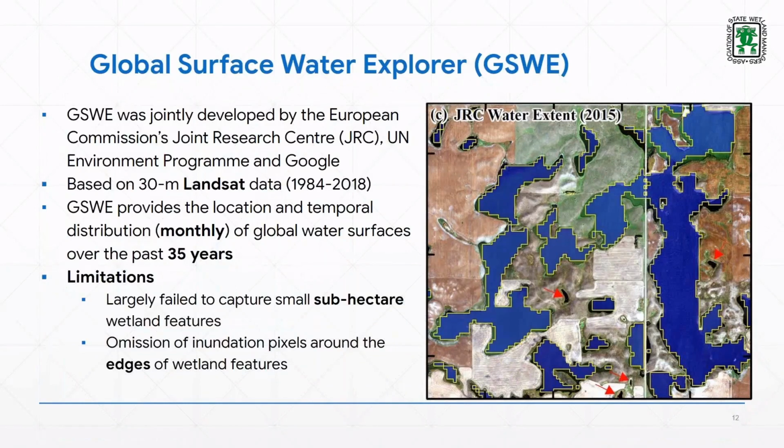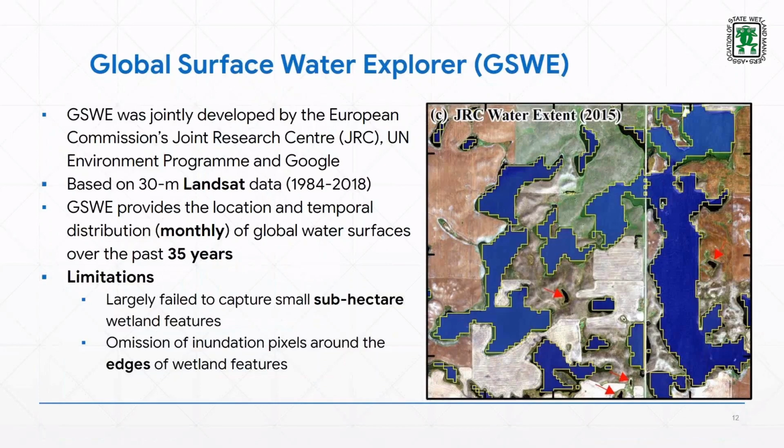And so the product was primarily developed using the Google Earth Engine and the Landsat data archive, dating back to 1984 to 2018. And it provides monthly, so basically it has the temporal frequency of monthly inundation extent over the past 3 decades. It's good for mapping large water bodies, but it has limitations capturing the smaller ones.